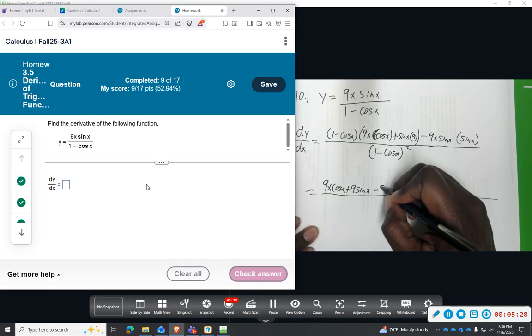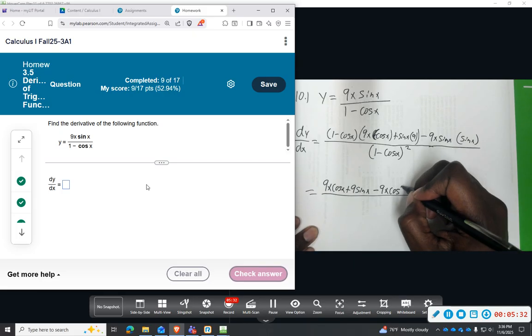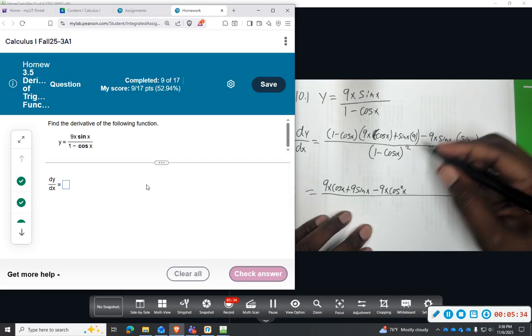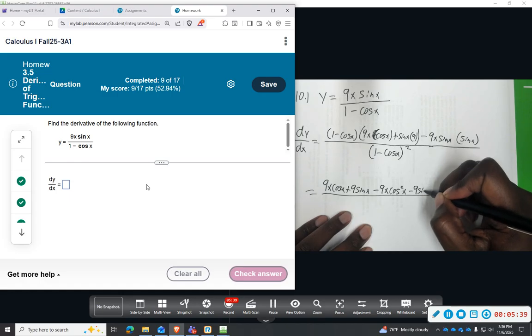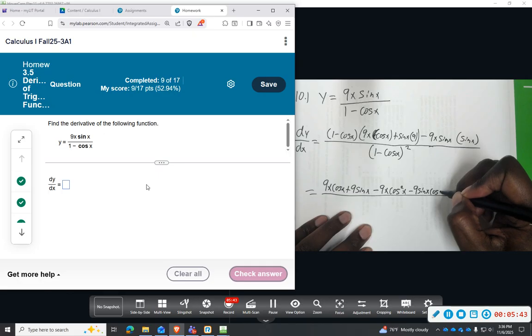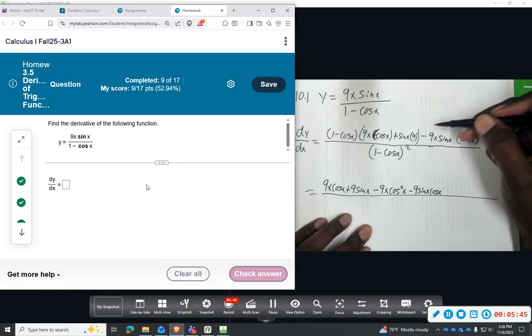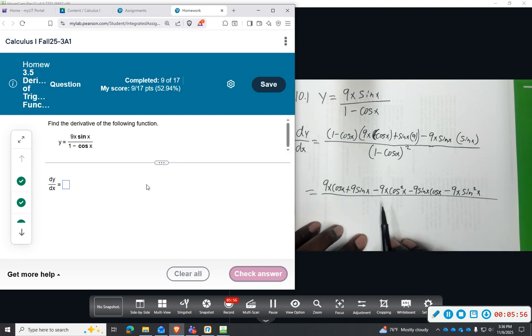minus 9x cosine squared x, and then minus 9 sine x cosine x, and then multiplying here, minus 9x sine squared x.